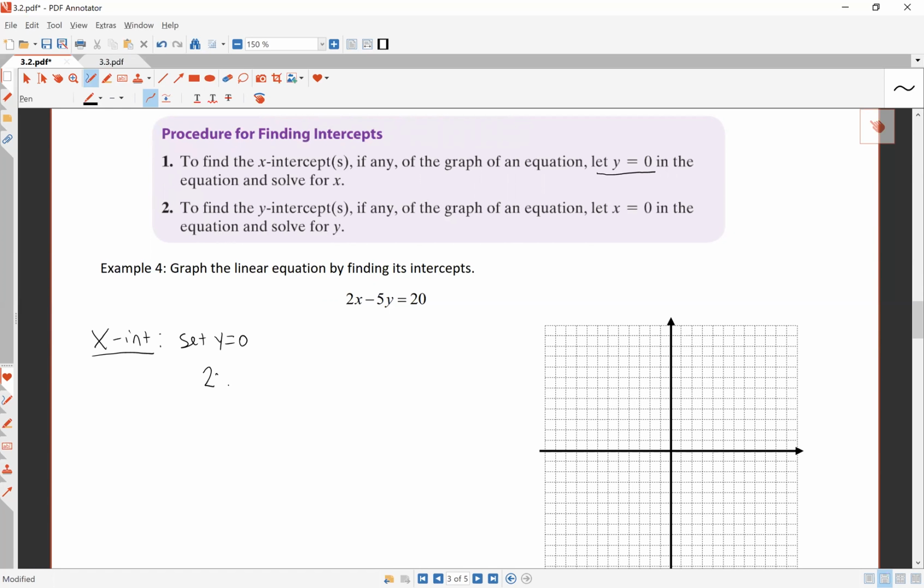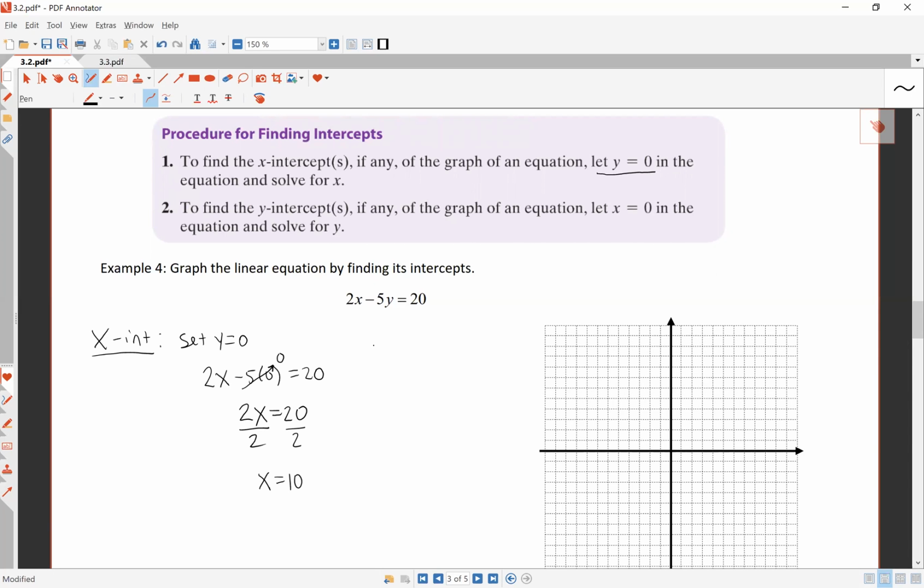In doing that, we get 2x minus 5 times 0 equals 20. Plugging in 0 is always the easiest, and so we get 0 for that, and that says that 2x is equal to 20. We divide both sides by 2, and we get x is equal to 10.